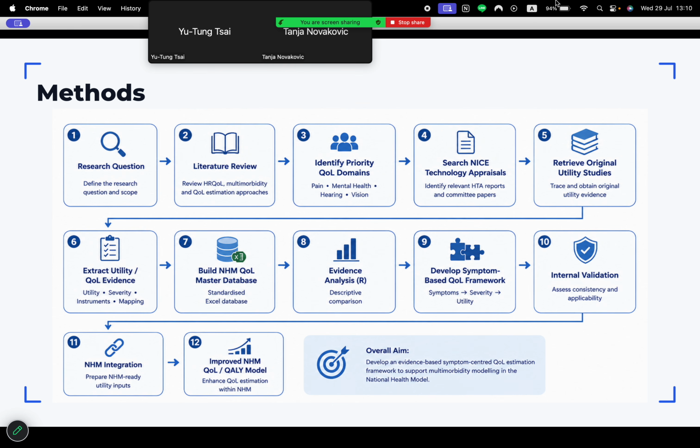So we use the symptoms as a keyword to trace back the patient, and then we run with those databases. The way you've described this fits really nicely. You're taking on from stage 3 where you have these quality of life domains, the pain, the mental health, where you link them into symptoms and severity to get to the utility.